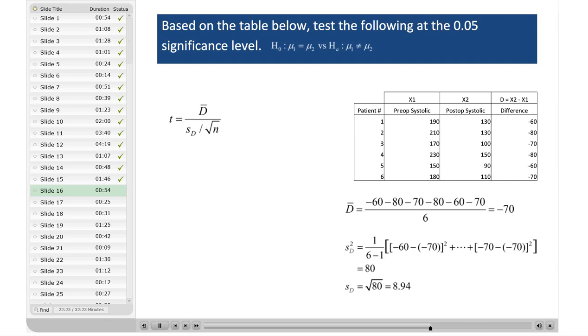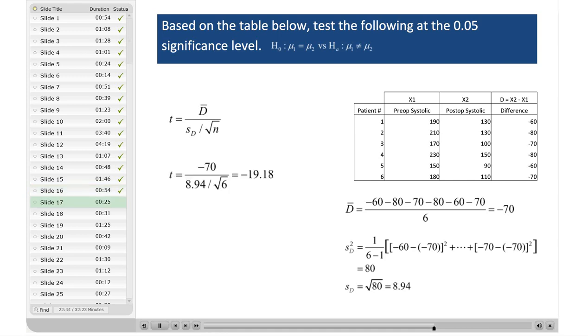We're going to square that result. We're going to do that for each of these numbers and add all those results together. And then we multiply that answer by 1 over n minus 1, which in this case is 1 over 6 minus 1. When you do that, you'll get 80. And then the square root of 80 is equal to 8.94, and so s sub d is equal to 8.94.